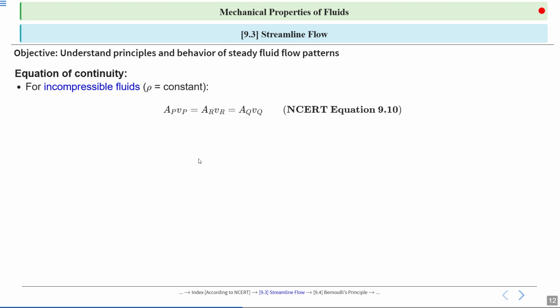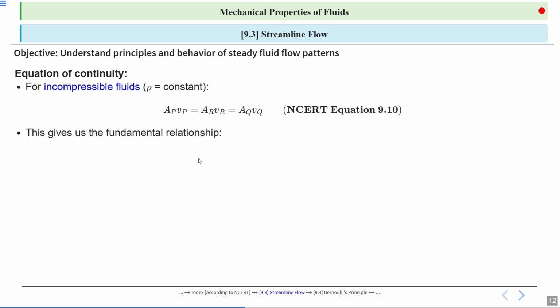In this equation, A stands for cross-sectional area at a point in the pipe or channel, and V is the speed of fluid at that point. The subscripts P, R, Q just refer to different locations along the flow. This equation tells us that the product of area and velocity is the same at every point along the flow as long as the fluid is incompressible.